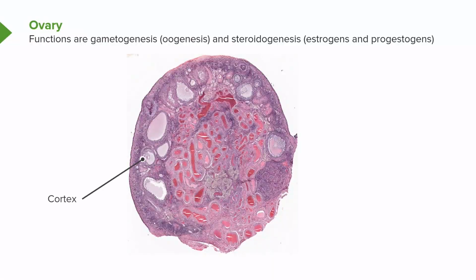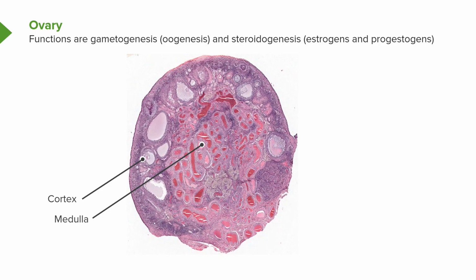On the outside surface is a cortex. The surface component of the ovary is surrounding a medulla, where as you look in this section, you can see lots of little profiles of tubes containing very bright red components. They're blood vessels, and they enter into the ovary through the hilum, into the medulla, and those blood vessels will then form capillary beds which go out towards the cortex, towards the surface of the ovary.